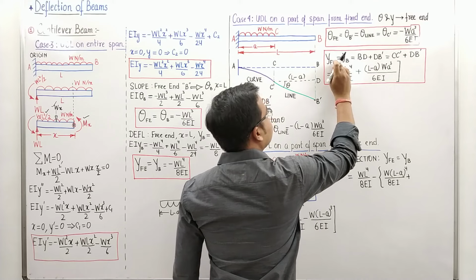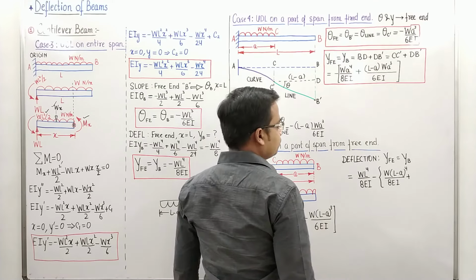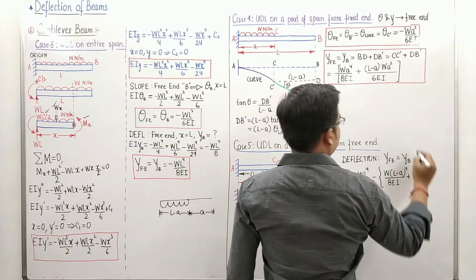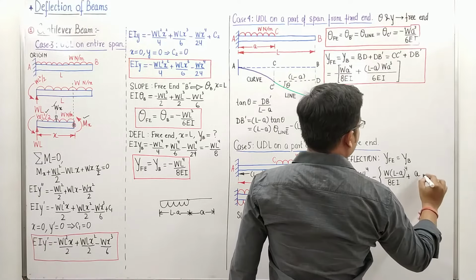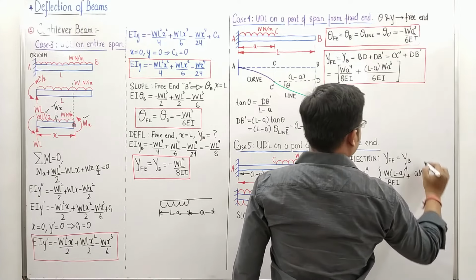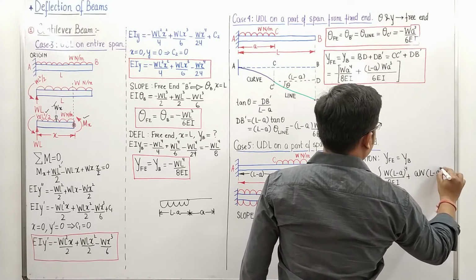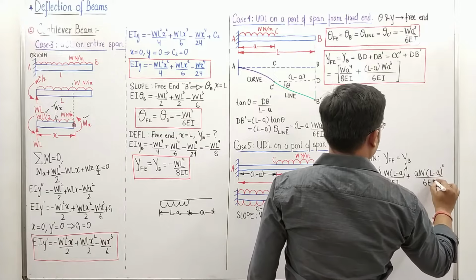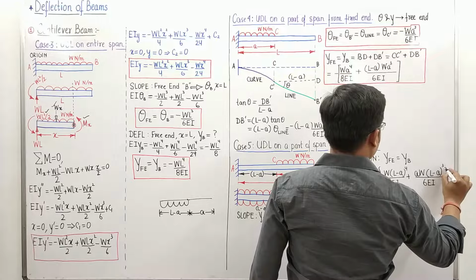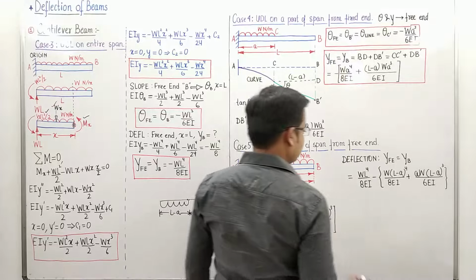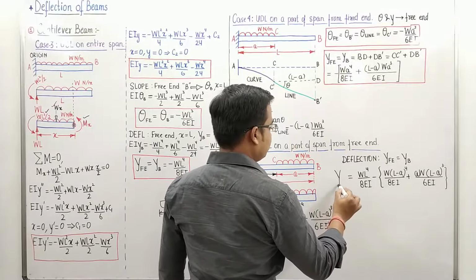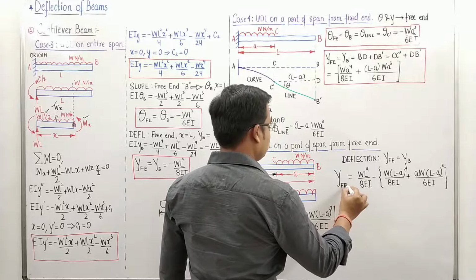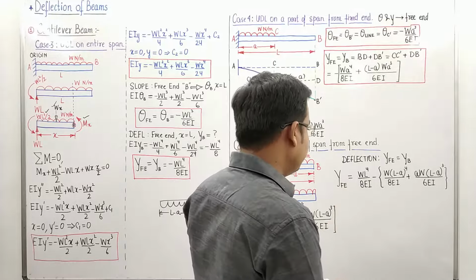Isn't it? Just take it like this. Plus L minus A, replace it by A. W A cube, replace it by L minus A and its cube divided by 6 times of EI. And yeah, that's it. That's your deflection at the free end. So these were basically the results that we were interested in.